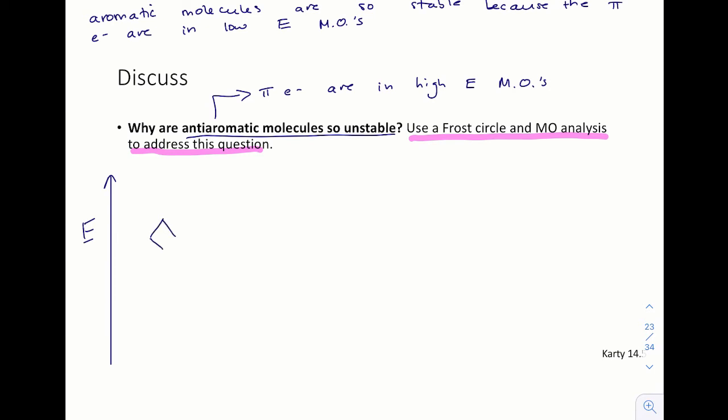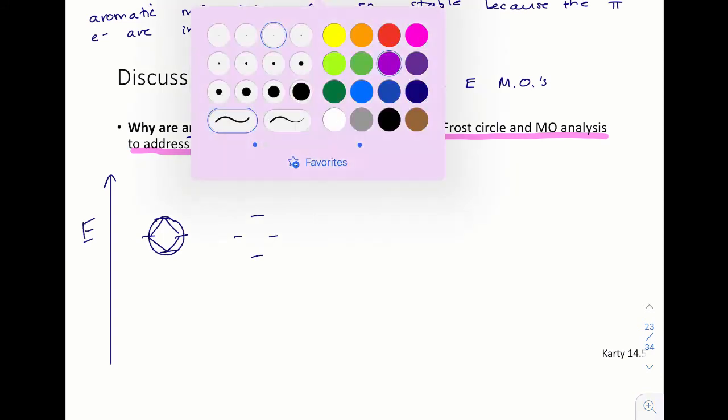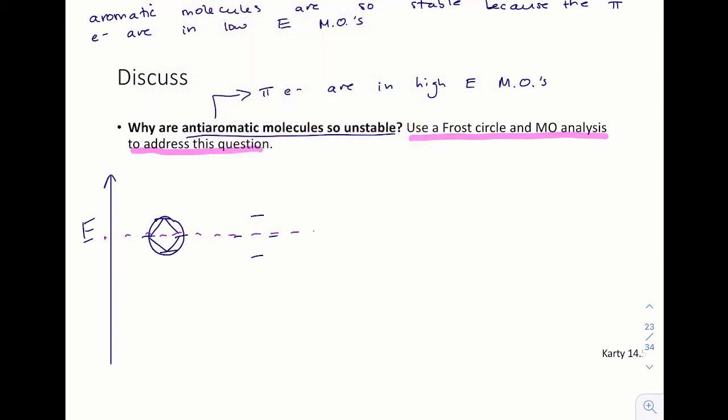Well, let's draw a Frost circle for cyclobutadiene. Draw the polygon with the vertex pointing down, inscribe it in a circle, clean it up a bit. All right, so we can see there are 4 molecular orbitals.